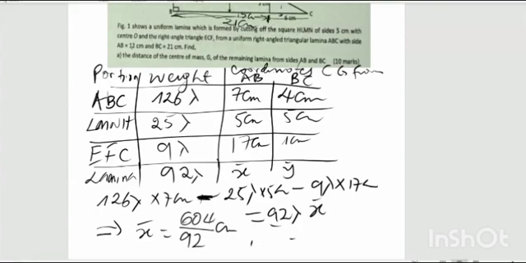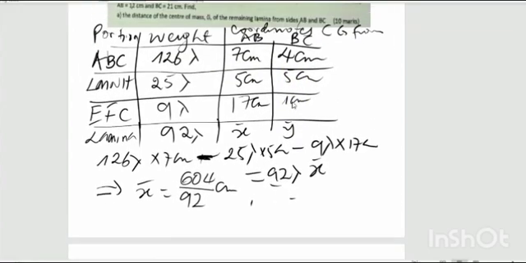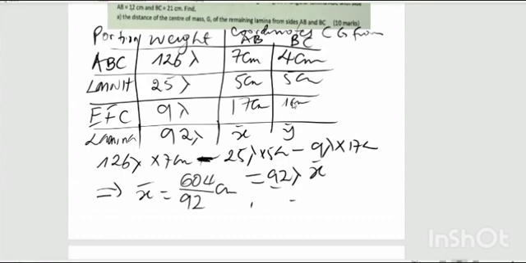If you are obtaining that of y bar, it means from our table, what are we going to obtain here? About BC, we have 126 lambda times 4 centimeters minus 25 lambda times 5 centimeters minus 9 lambda times 1 centimeter.